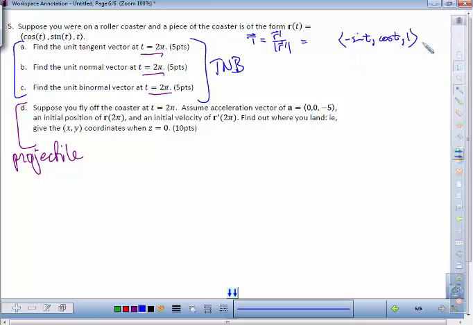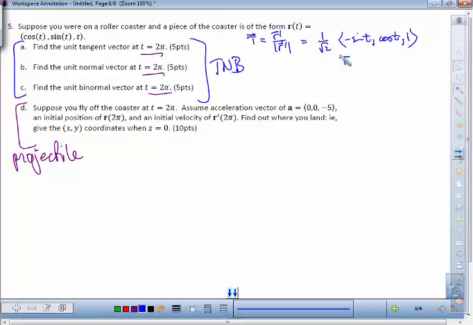And if we take the magnitude of this, we're going to get sine squared plus cosine squared plus 1. So that's a square root of 2. And that square root of 2 can go in the denominator.